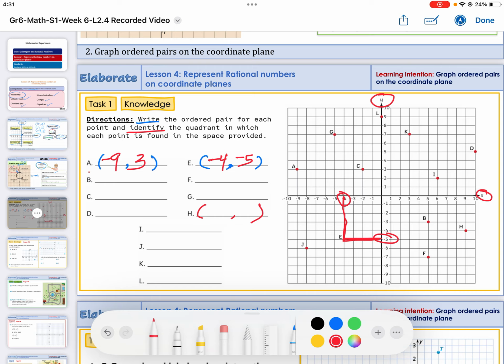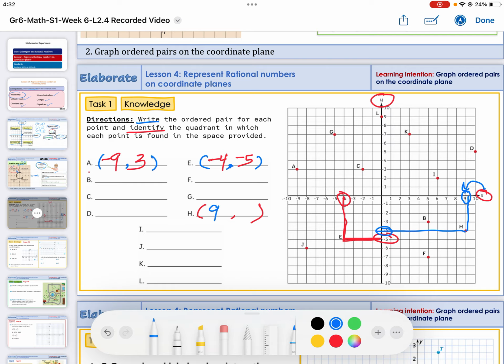Again, you draw parentheses, between them a comma, to separate the x coordinate from the y coordinate. Okay, that's my point H. I'll connect it to the x. So my x will be 9. As you can see, my x is 9. Then I will connect it to the y.